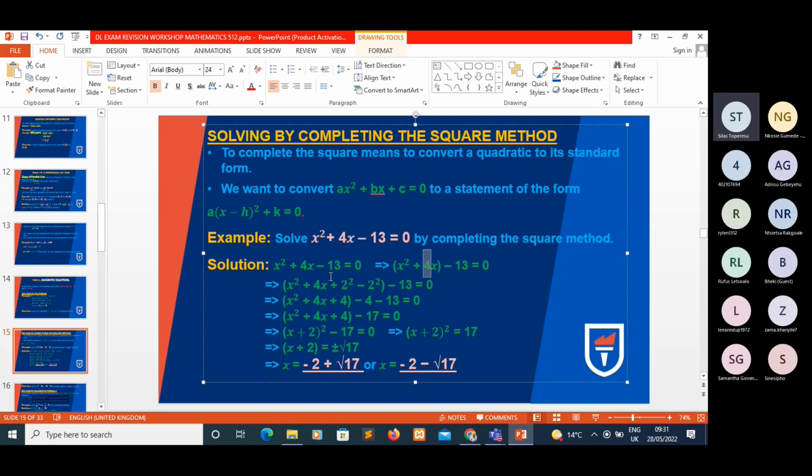I retain the same value that I have, but inside here I add the value I got from dividing, which is 2. I add 2 squared, and then I subtract 2 squared again. The same value, I add it and subtract it. That's how you do it.